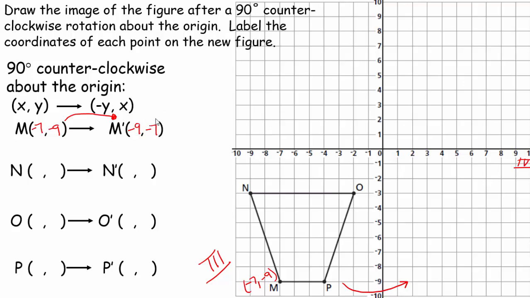Remember, I am moving counterclockwise or to the left. If I am moving to the left, the Y coordinate will change its sign. The 9 will become a positive. Let's see if that works. Okay, +9, -7. Here's my point, M prime. And this time I'm going to label it as I go.